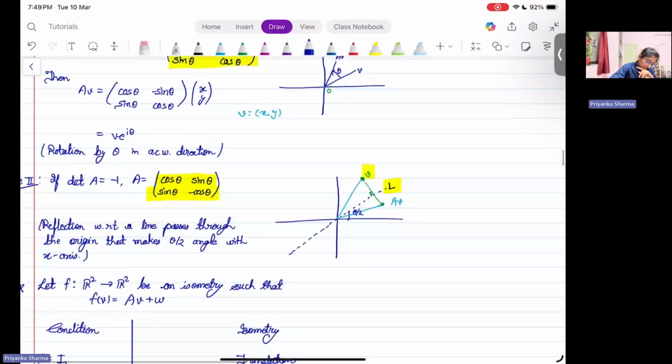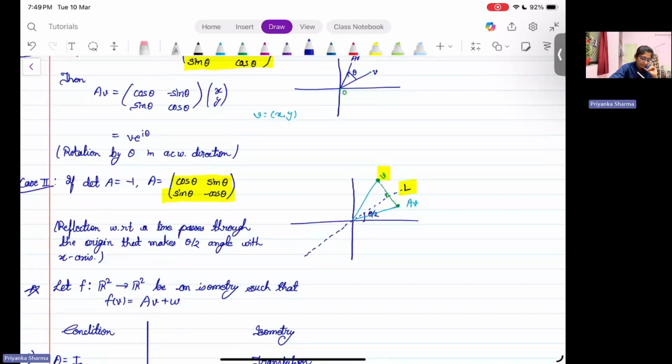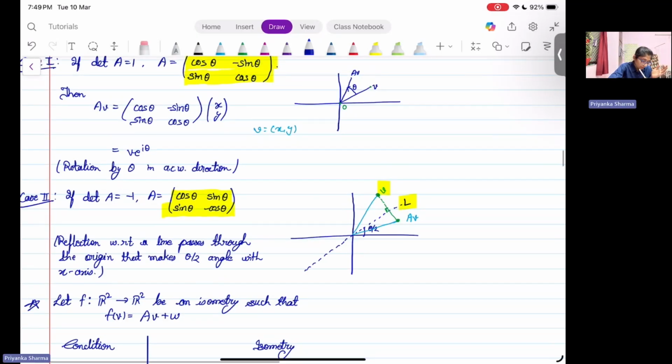If the determinant is minus 1, and the matrix A is cos theta, sin theta, sin theta, minus cos theta, then we have a reflection about a line passing through the origin. This corresponds to the case when the isometry, or the reflection, preserves the origin.